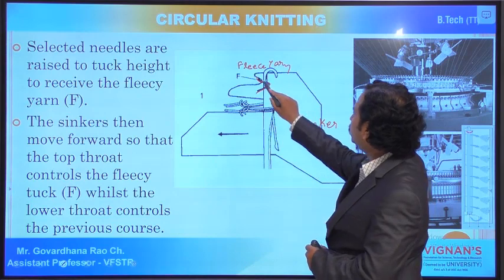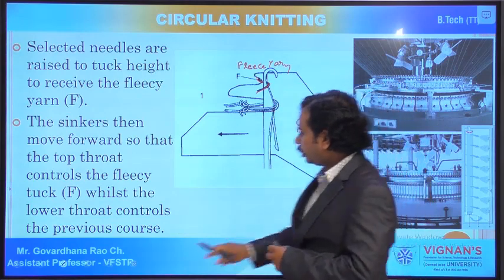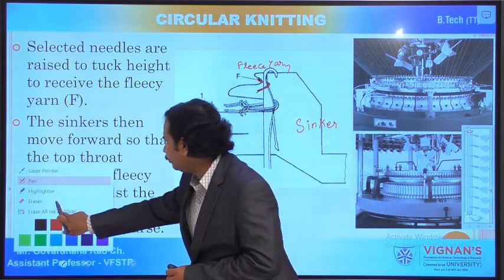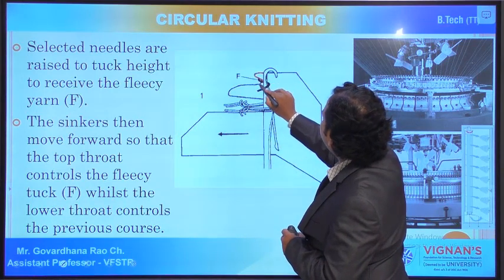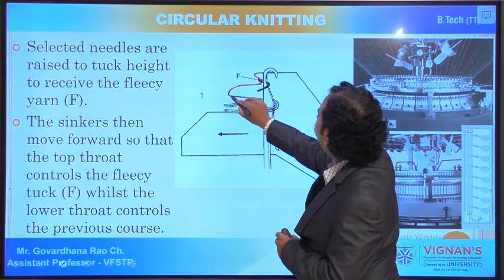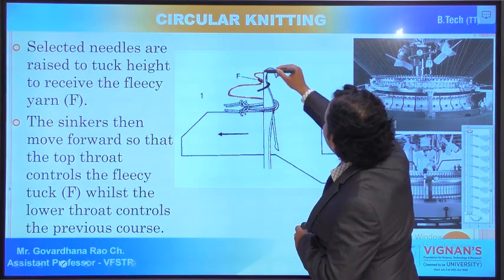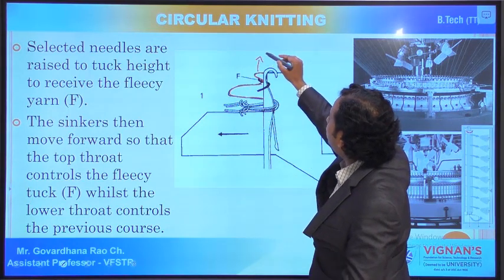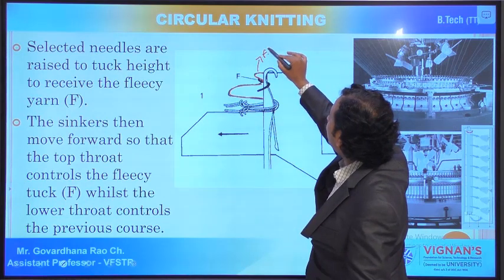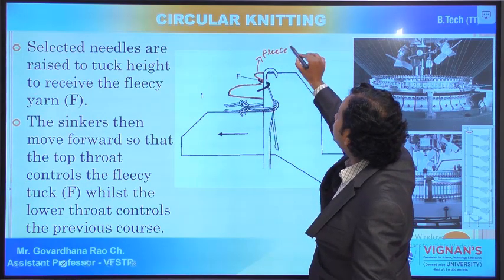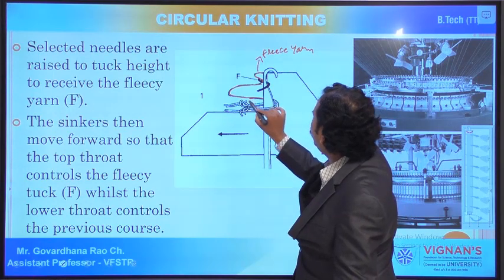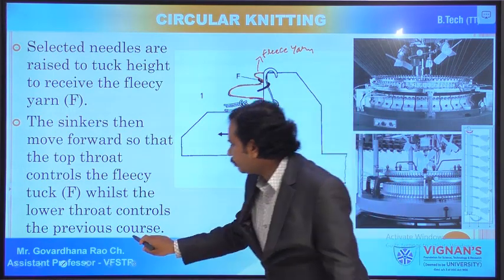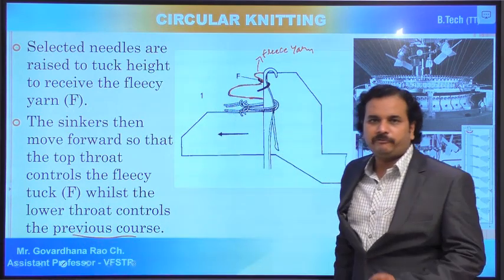You can see two throats: this one holds the fleece yarn, and this second one controls the previous course of the fabric.